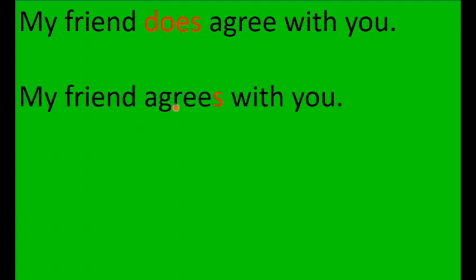When we remove does in the sentence, then there should be s. Dapat mayroon ng s at the end of the main verb. Now, if you add does, then s should be removed. Just like this one. We have does here, there is no s here. But if you remove the does, then s should be written at the end of the main verb.